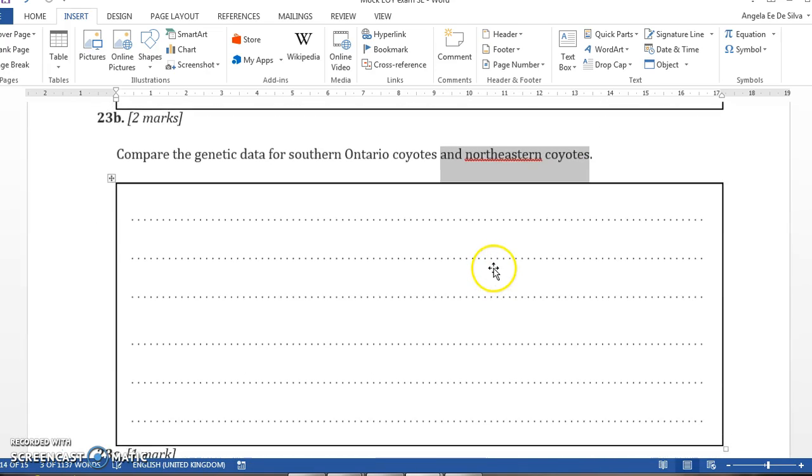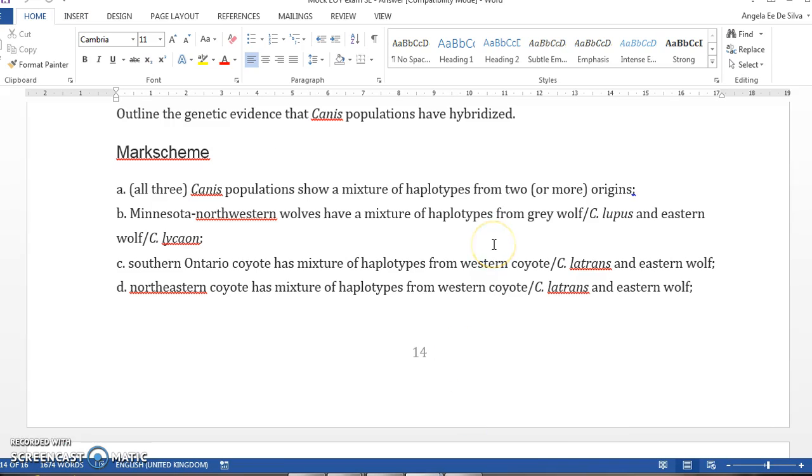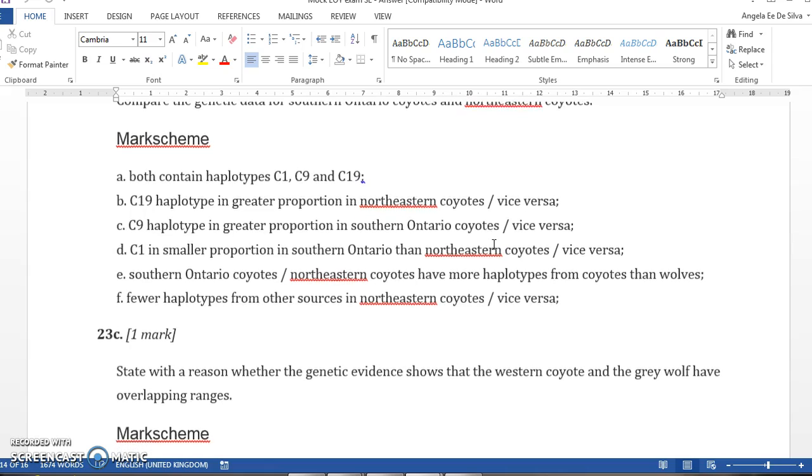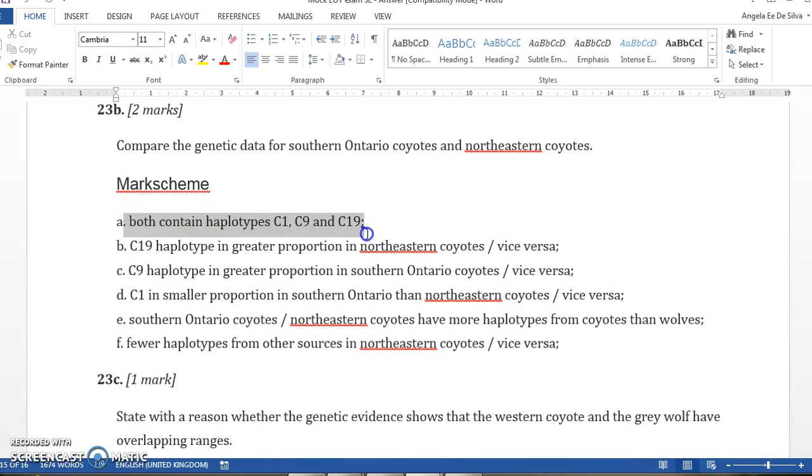So let's look at the answer and see if we are on the right track. So we go to 23B, and it says there, both contain haplotypes C1, C9, C19. So we have got 1 point there. And then we are supposed to mention C19 here. It says that there's greater proportion in the Northeastern coyotes.